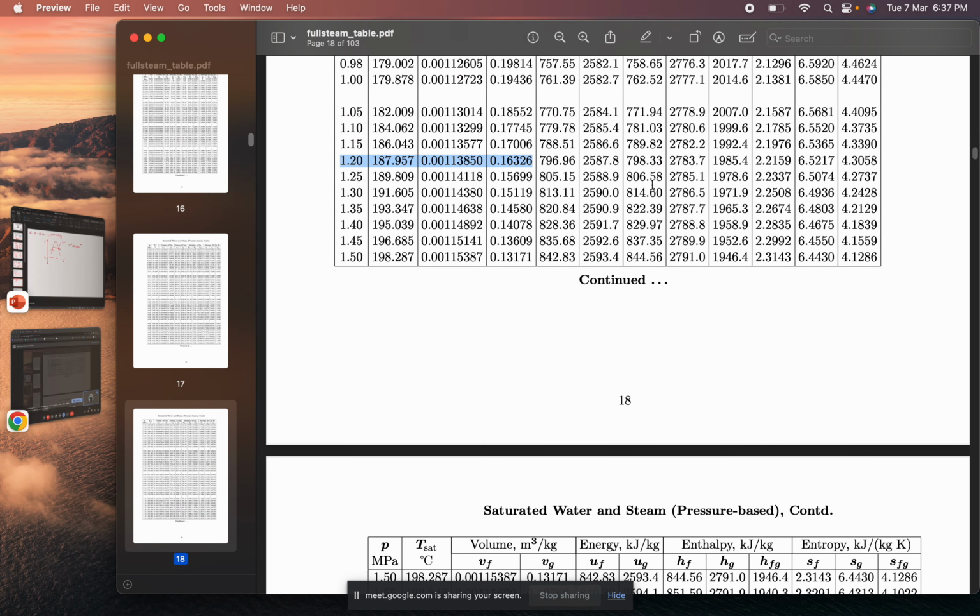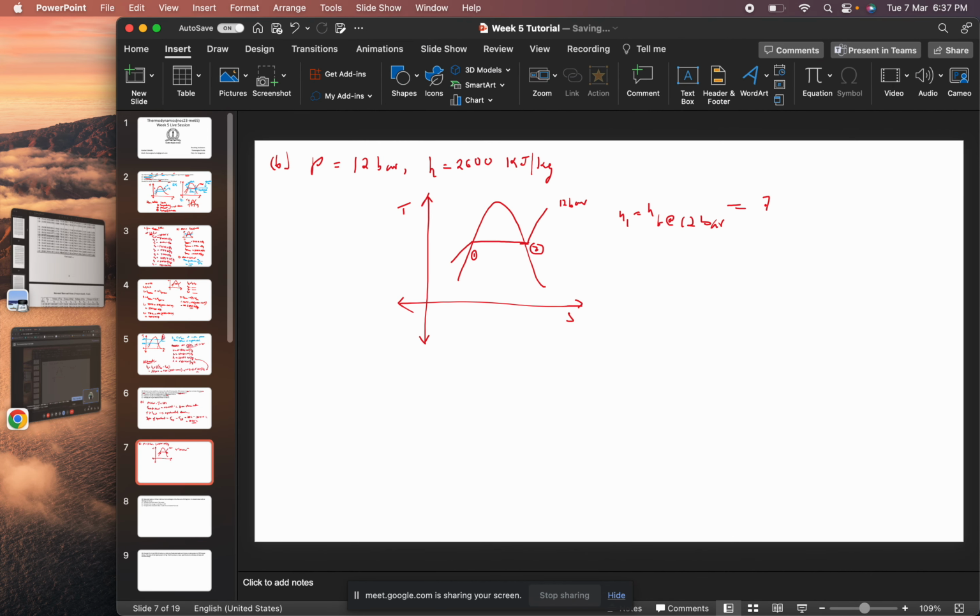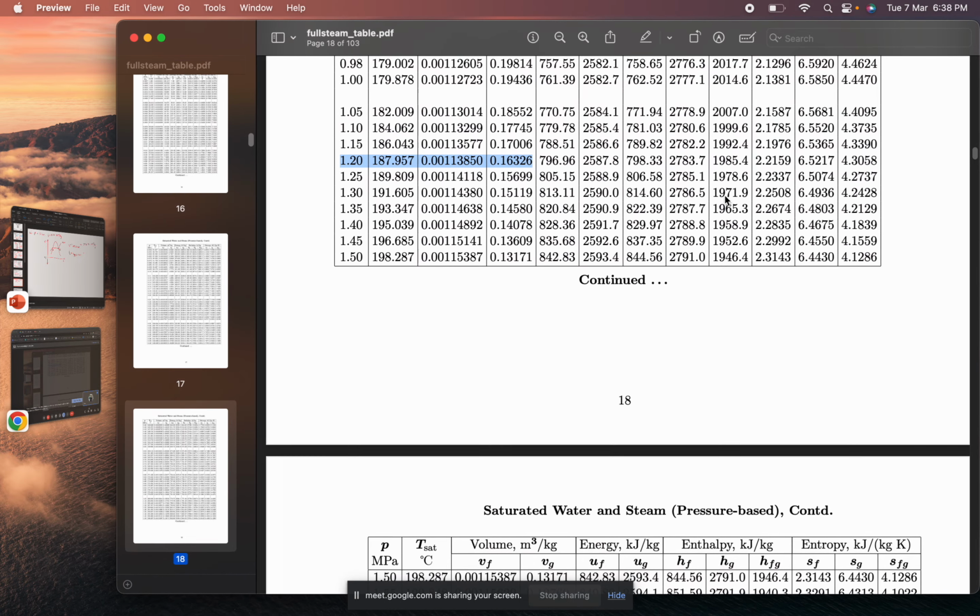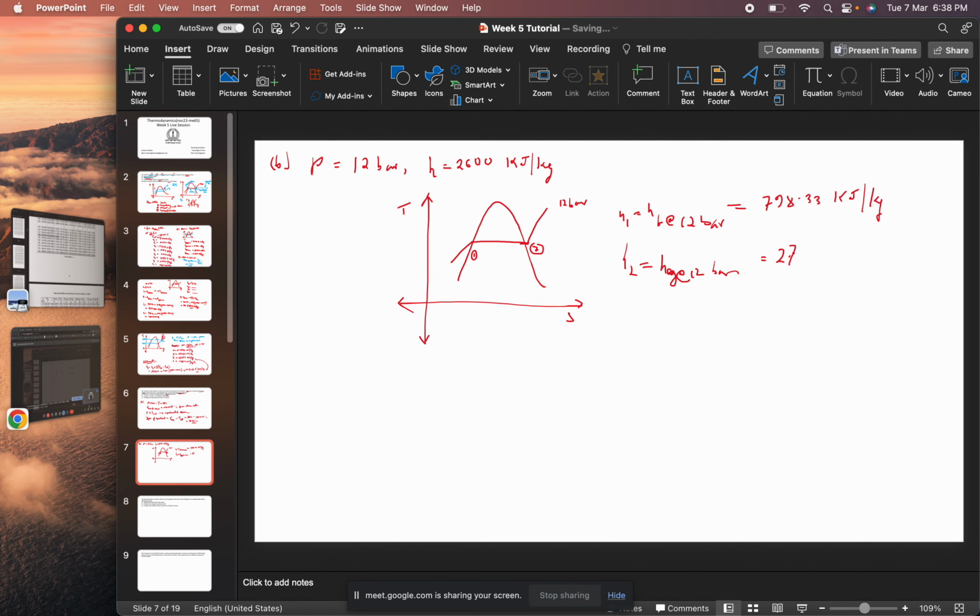My HF at 12 bar is 798.33 kilojoule per kg. What is my H2? My H2 is basically Hg at 12 bar, which is 2783.7 kilojoule per kg.